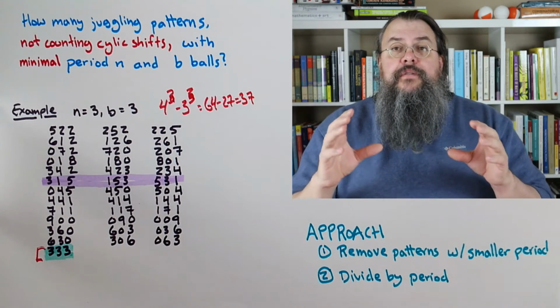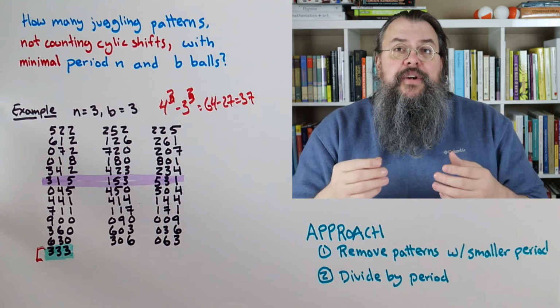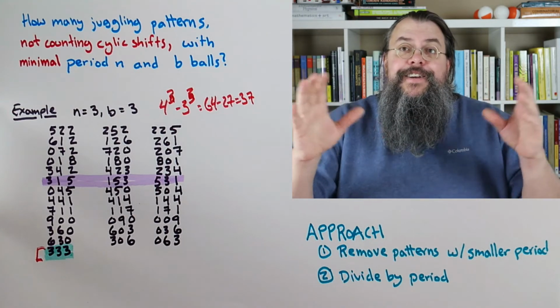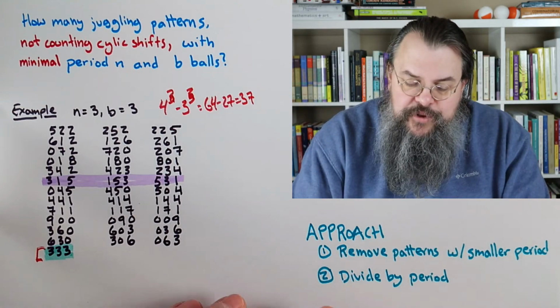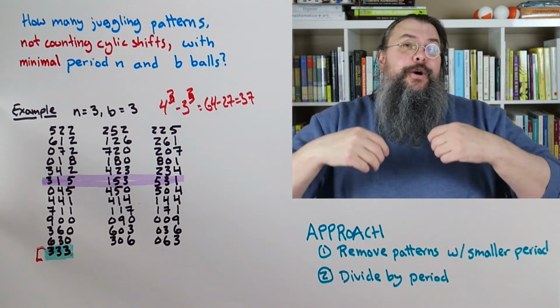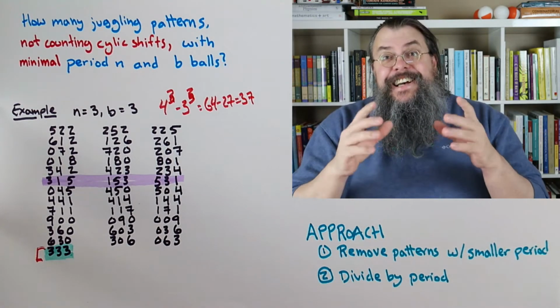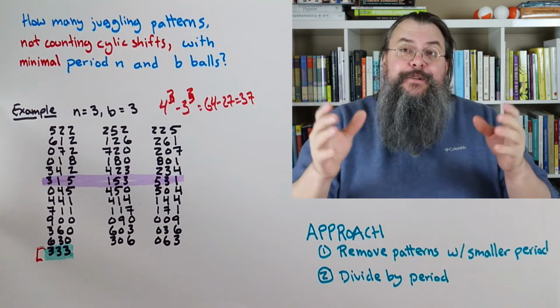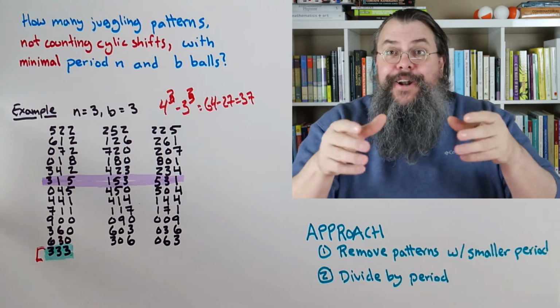And now we say, perfect. Since the smallest possible period is n, we can divide by n. All right, done. So this step 2 is really easy. Not a lot of work to do. Step 1, yeah, it's going to take a little bit, but that's okay. That's what we're here to do, to figure out how to do that little bit.